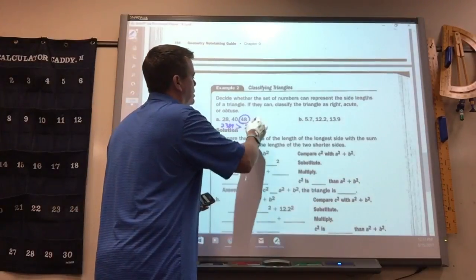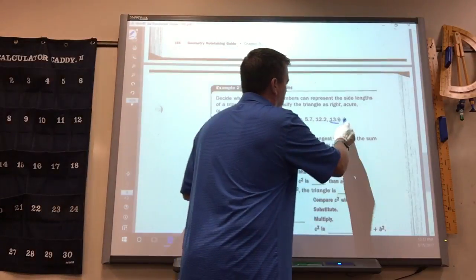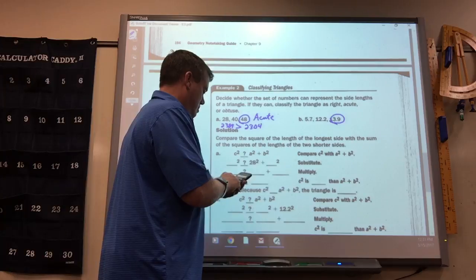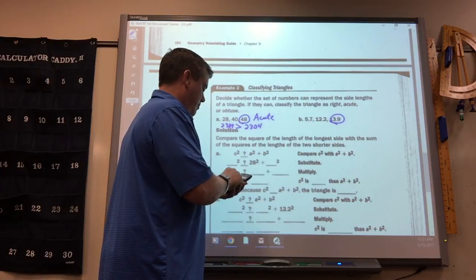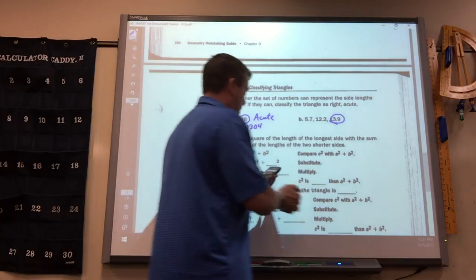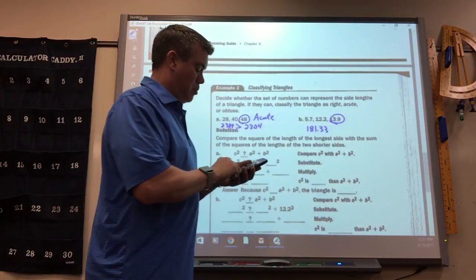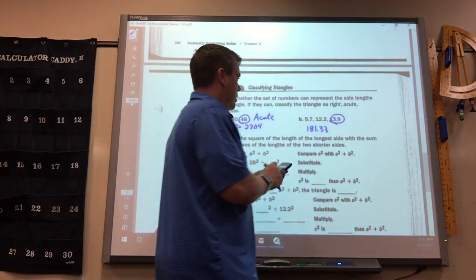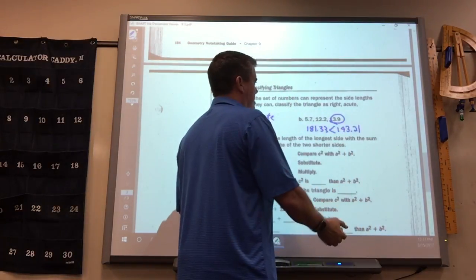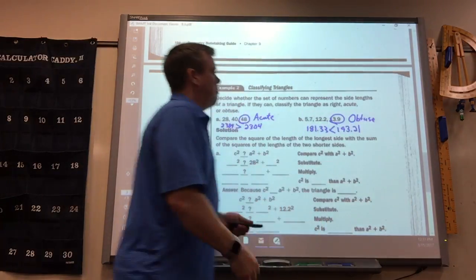So it's greater than, which means it's acute. So on this one, 5.7 squared plus 12.2 squared is 181.33. 13.9 squared is 193.21. That's less than, so that means this is an obtuse triangle.